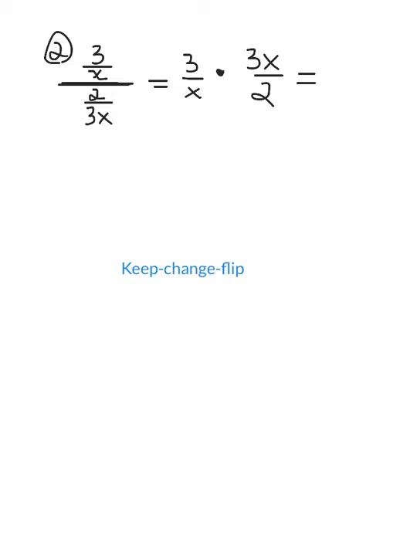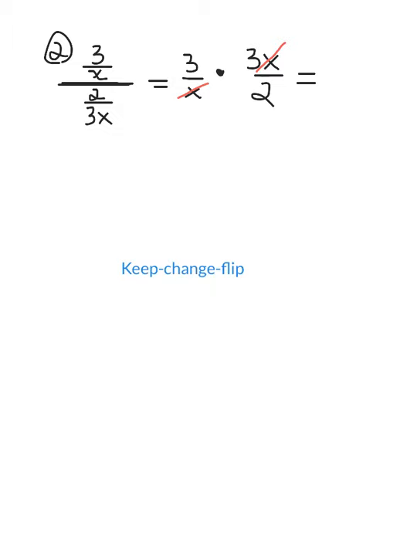And then lastly, we're just going to try to cancel out any common factors. Now remember, when we have common factors, any numerator and any denominator is what we can cancel. So I see an x in the denominator here, and an x in the numerator here, so I can cancel both of those. Now, think about this. Can I cancel this 3 with this 3? And I hope you're saying no, because both of these 3s are in the numerator, and I just finished saying that you can only cancel numerators with denominators.